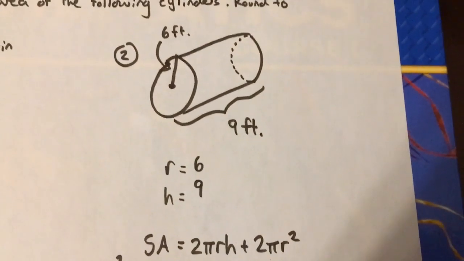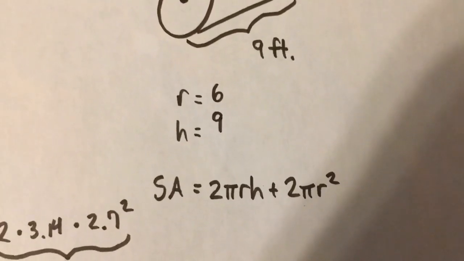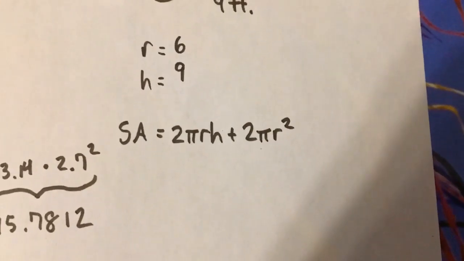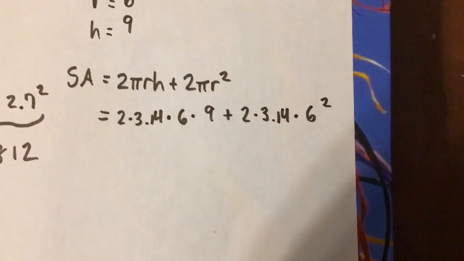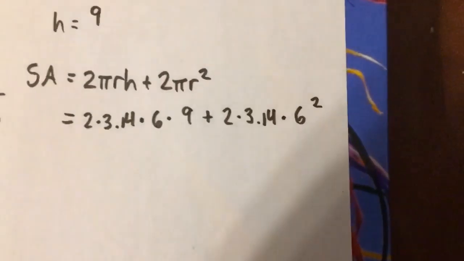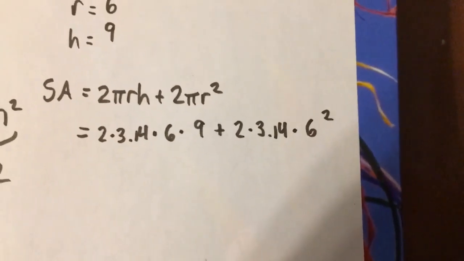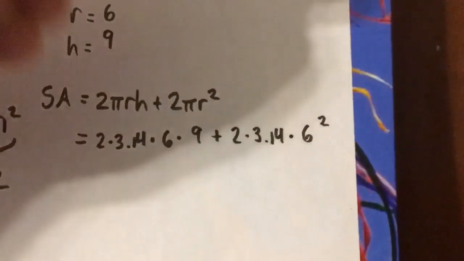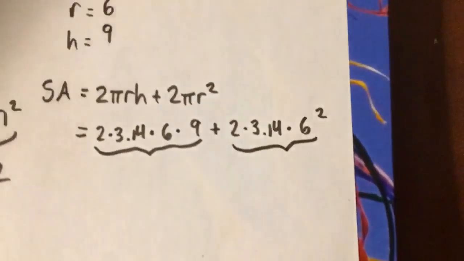So first we identify our measurements. So the radius is 6 and the height is 9. Now, the next step will be to plug these measurements into our surface area formula. When we plug in all of our measurements, we get the following expression. And now our next step will be to multiply the terms on the left and the right of the plus sign.